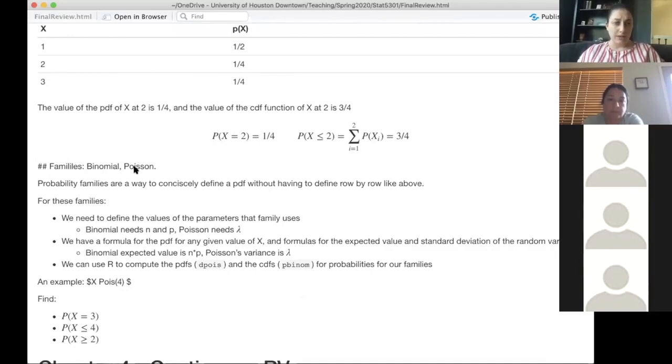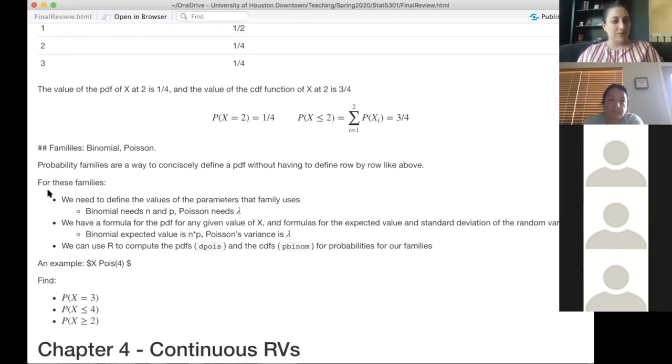Look at the Wikipedia page. In this case, for discrete random variables, we're pretty much only looking at the binomial and the Poisson. We also did hypergeometric and negative binomial, I think, but those are kind of tricksy with the parameterization, so I'm not really focusing on those for this exam.